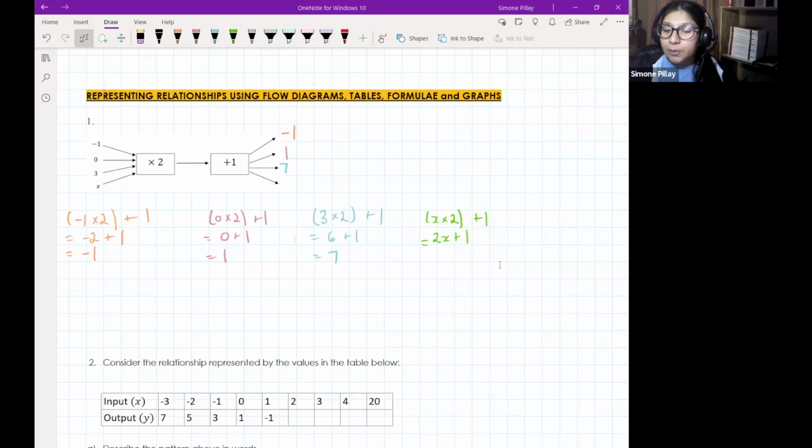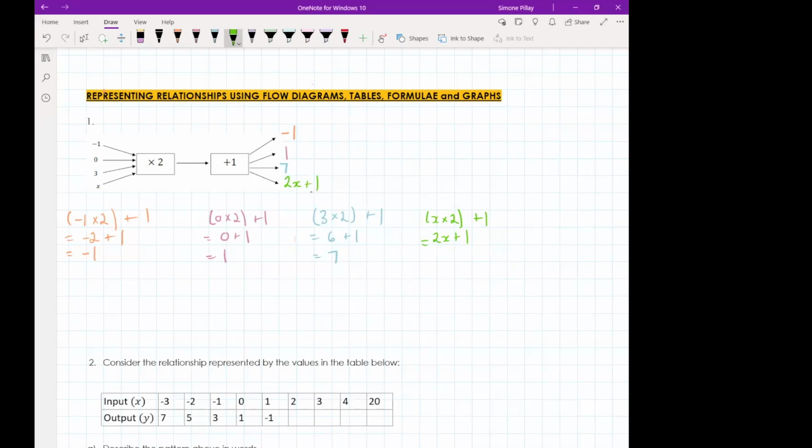We aren't doing multiplication, so I can't say 2x squared or something. I can only add like terms. These are not like terms, and therefore I cannot add them. So that is as far as we get there. 2x plus 1. Happy? Yes, ma'am.